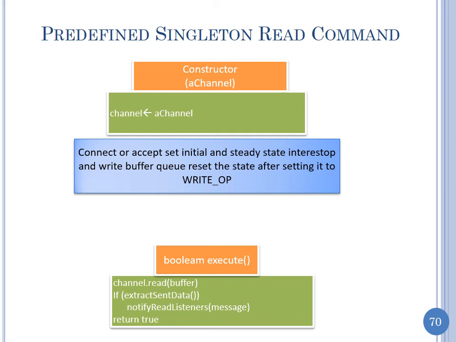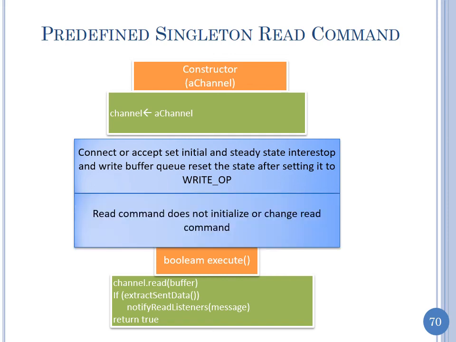So the read op was set by the accept command, yes, and was reset by the write buffer queue. And read command does not initialize or change the interest op. Okay. So read command does not do either of those two things. Read command is oblivious to it, it just assumes somebody else is doing the right thing for it.